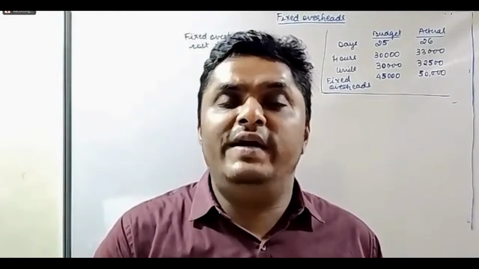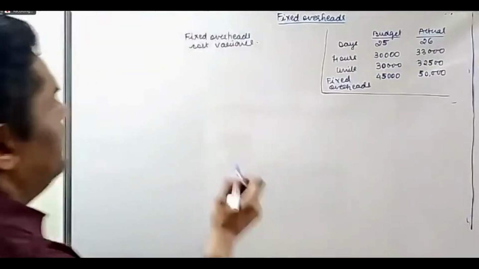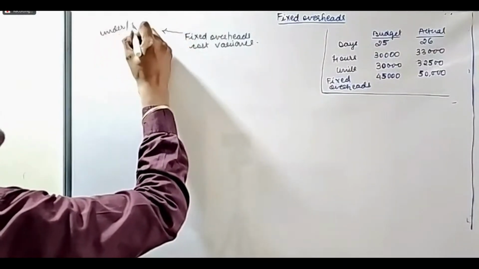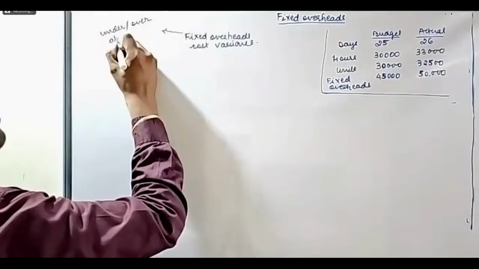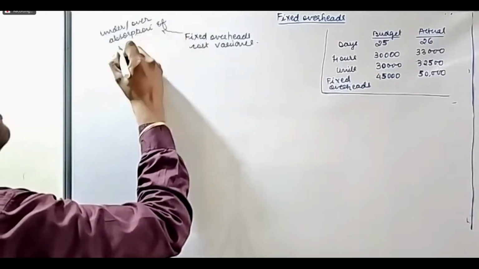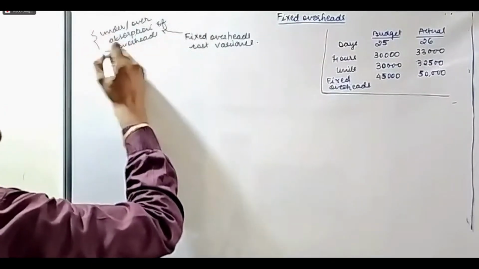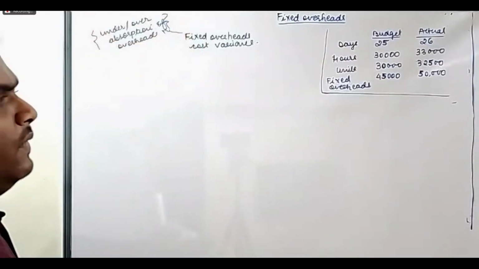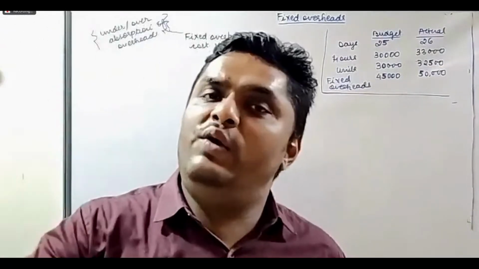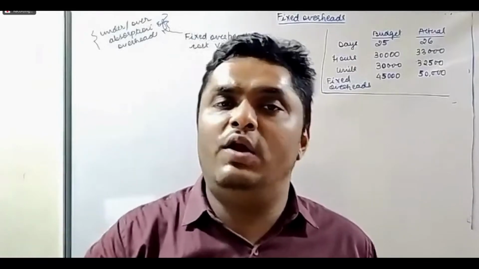Now when talking about this variance, it talks about under or over absorption of overheads. So let's calculate the absorption rate first, then calculate the absorbed overhead, and then we will compare it with actual overheads to get under or over absorption of overhead.